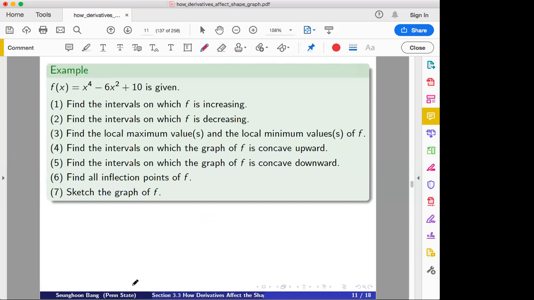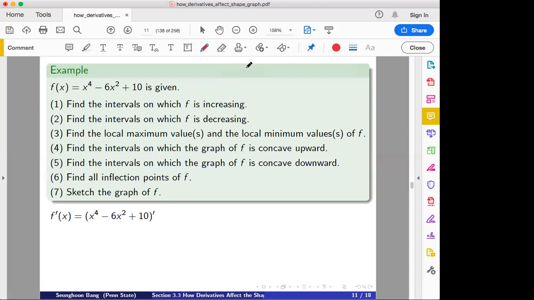The first one: how can you check increasing, decreasing, local maximum, and local minimum? We need the first derivative. F prime of x equals the derivative of x to the 4th minus 6x squared plus 10.